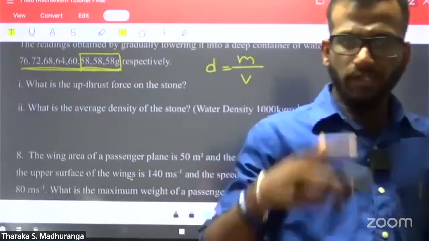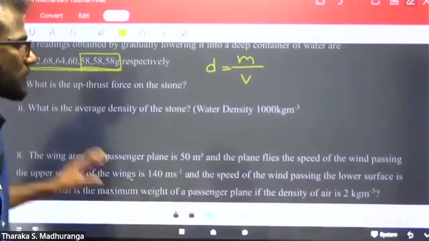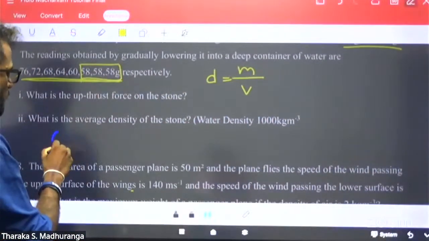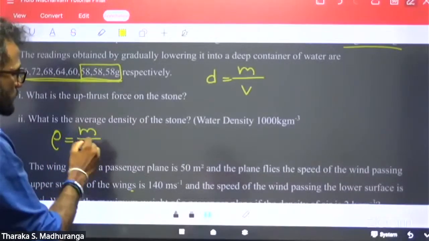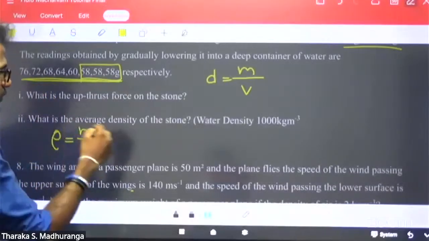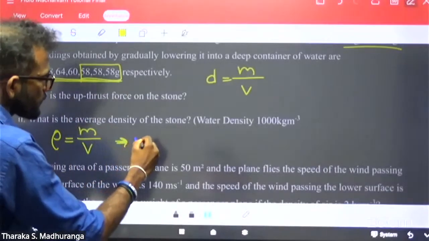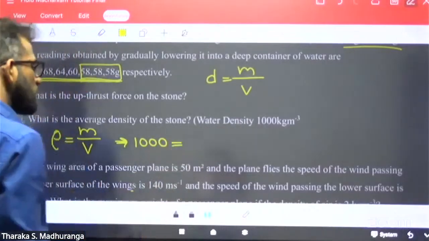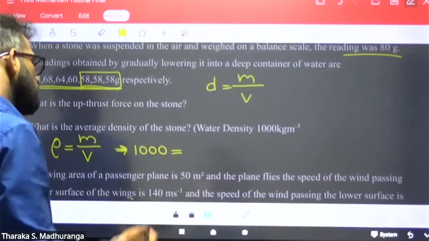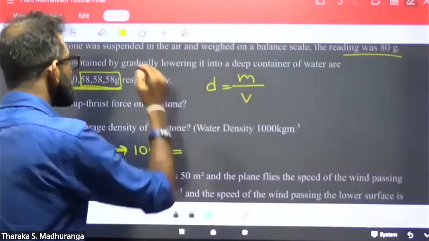The water density, rho, equals m over v. The rho you already know, the density of water, it is 1000 kg m minus 3. It is given, 1000. And the mass is also given.